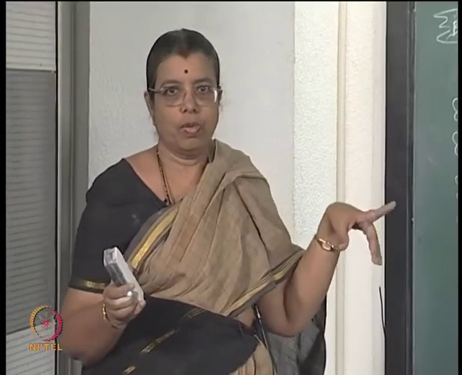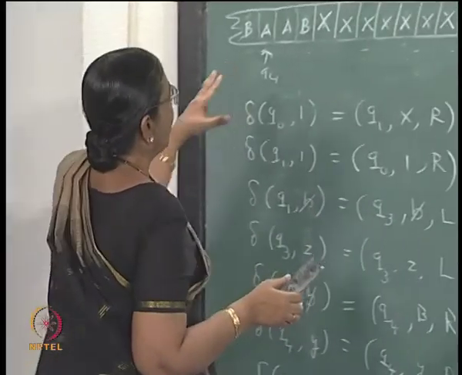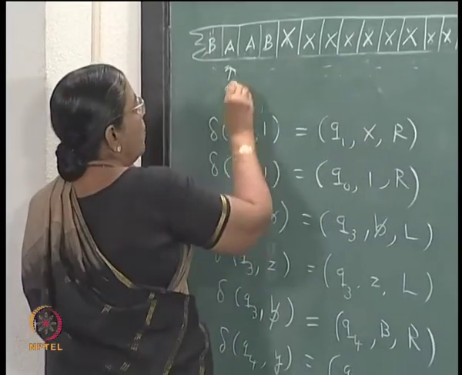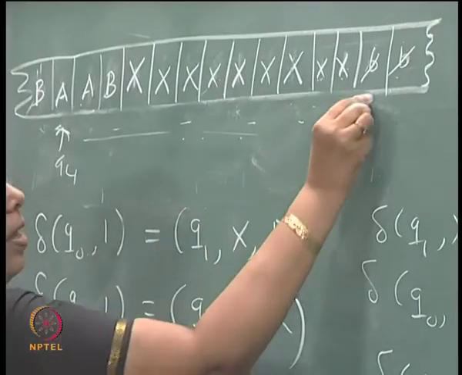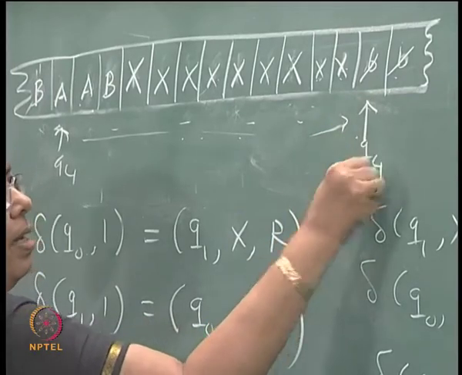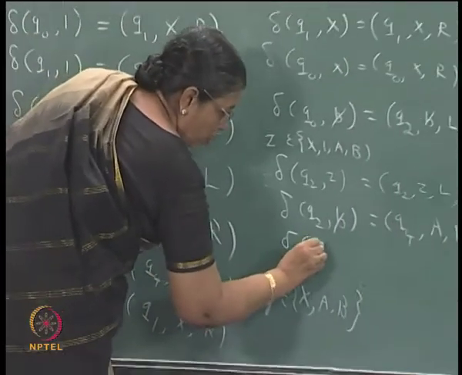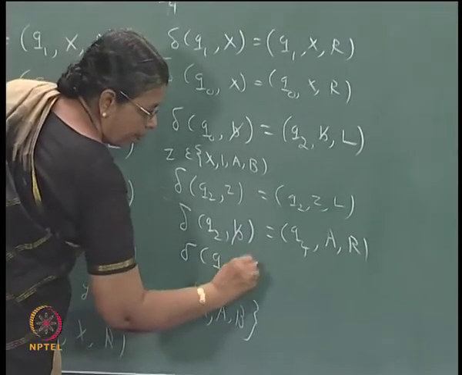In Q4 when you see the first one, you change this into a X and move to Q1, right. Now there are no more ones left, right. So, you will be moving right in Q4 throughout and reach the blank symbol in Q4. So, when you have Q4 and a blank, halt.